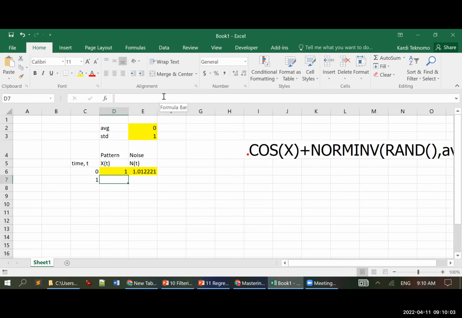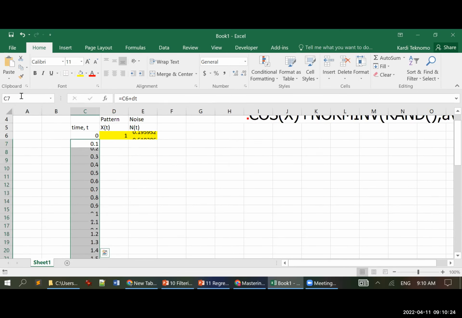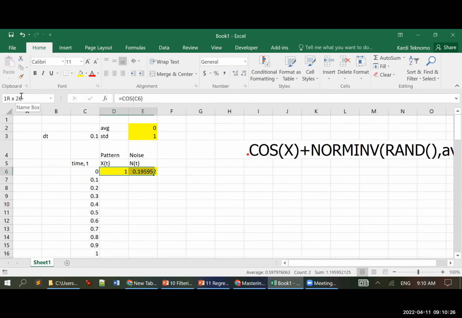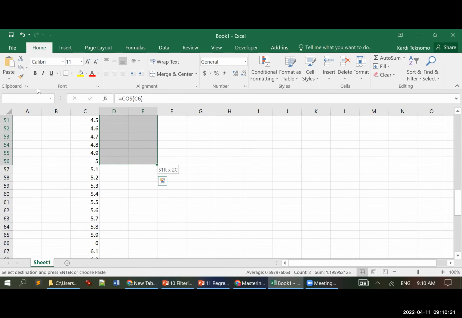I can put dt as 0.1, for example. So this time is plus dt. I copy this down, and this one also, I copy down.